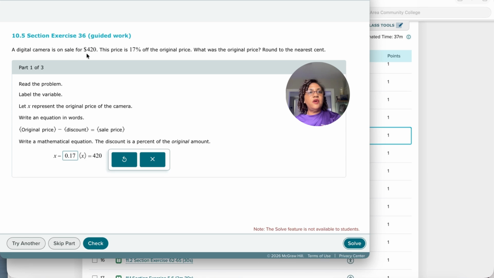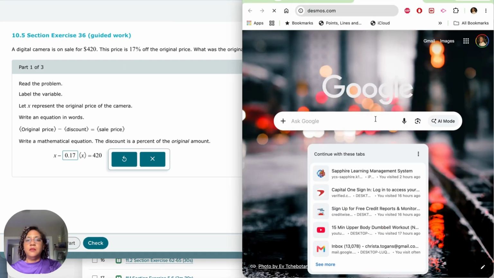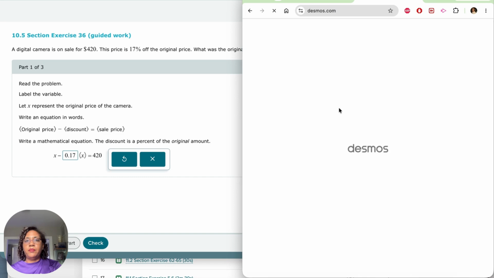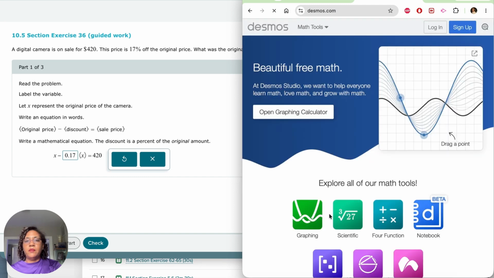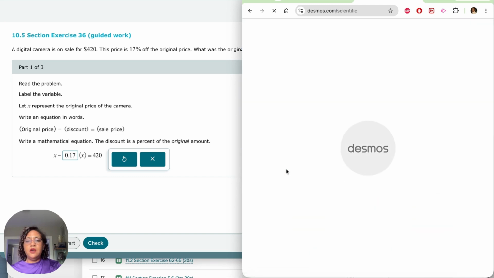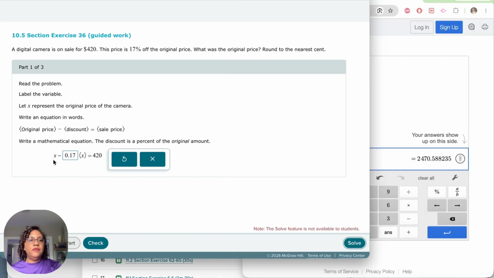Digital cameras on sale for $420. This price. Oh, so then you need to divide. I'll use the scientific calculator. Okay, so the original price minus the original price times that 0.17, and then it's equal to 420.